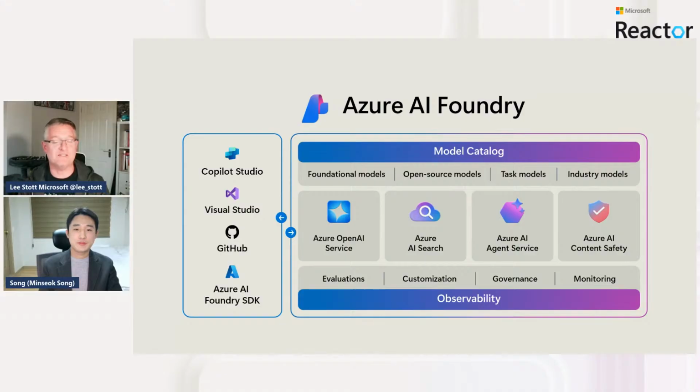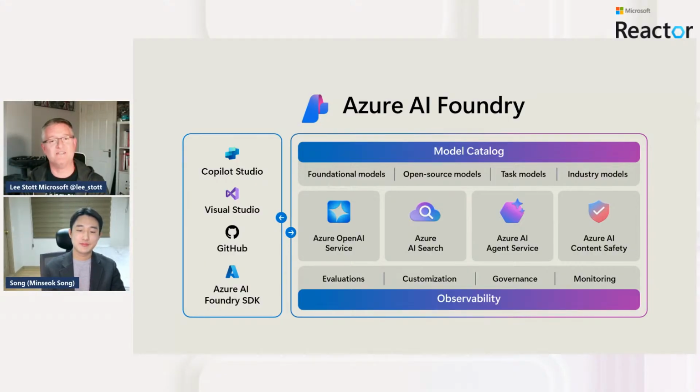You've got opportunities now, things like agents within GitHub and GitHub Copilot, to make your life as a developer much easier. And again, we want you to be utilizing the Azure AI Foundry SDK to consume all those services which are available under the AI Foundry.